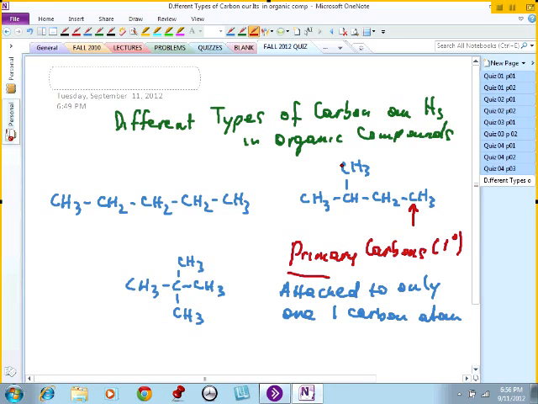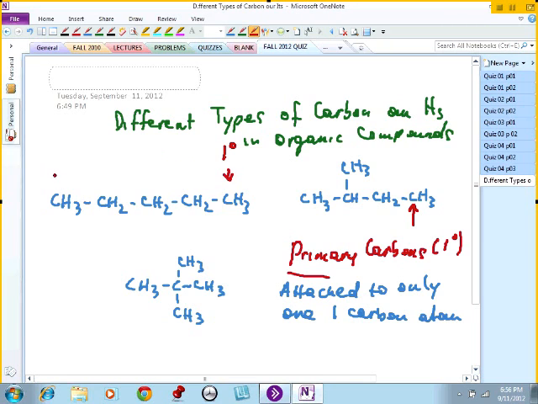However, this carbon here, what kind of carbon is this? This is also a primary carbon. Now, the hydrogen that is attached to a primary carbon is called a primary hydrogen. You follow that? So what type of carbon is this?